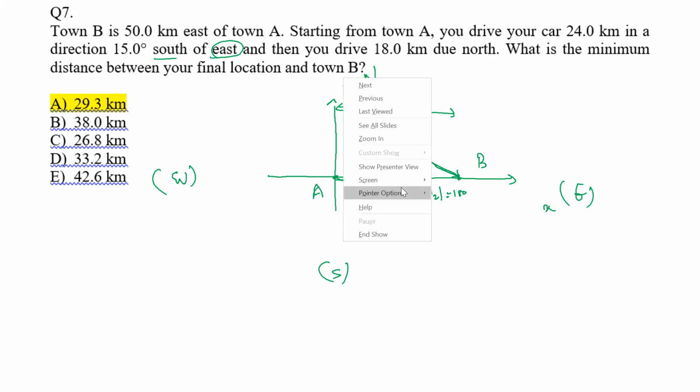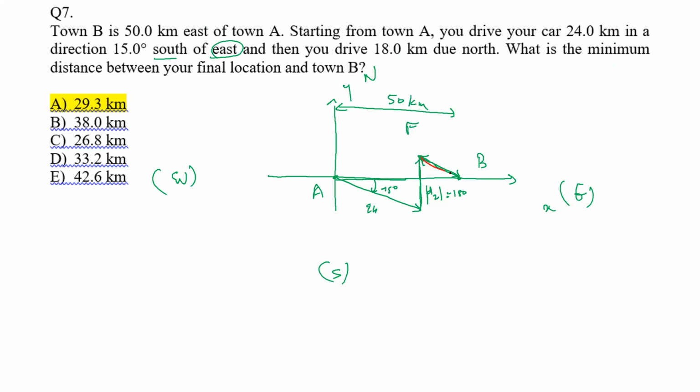You got it? Okay. So always draw, and things will be clear for you. So the distance that I want here is this. Now, my first displacement, D1, has a magnitude of 24, and I know the direction. I know also the magnitude and direction of the second displacement. Now, if I add a third displacement, I will end up at town B, actually. So here I will have a kind of equality.